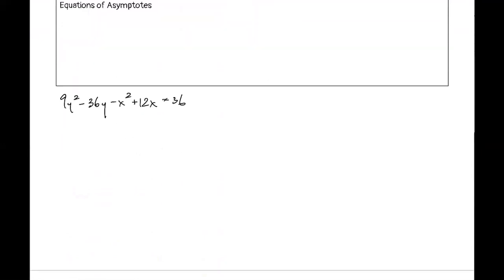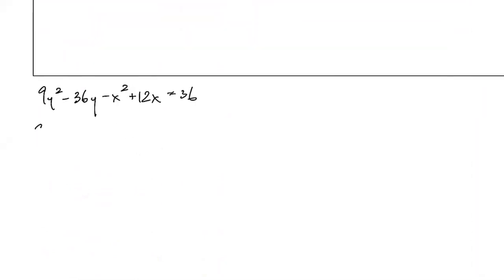All right, let's factor. 9y squared minus 4y, minus parentheses x squared minus 12x. All right, so we need that minus 12x there, equals 36.